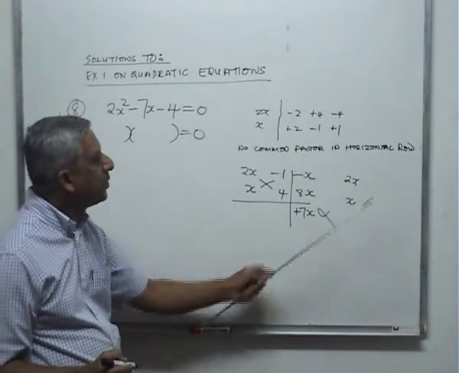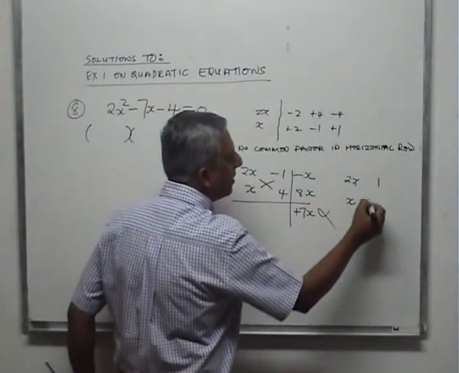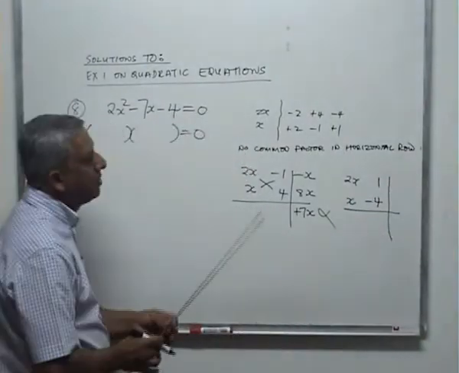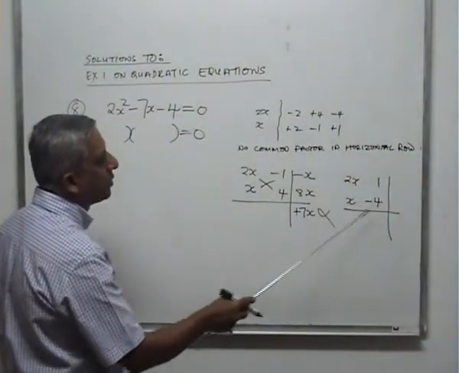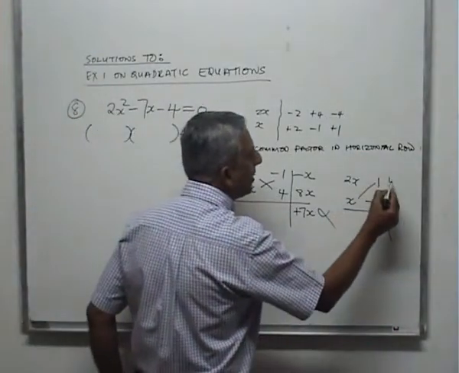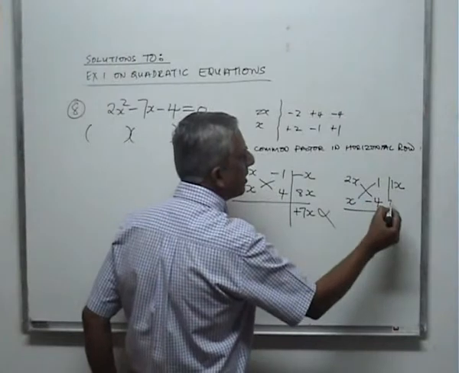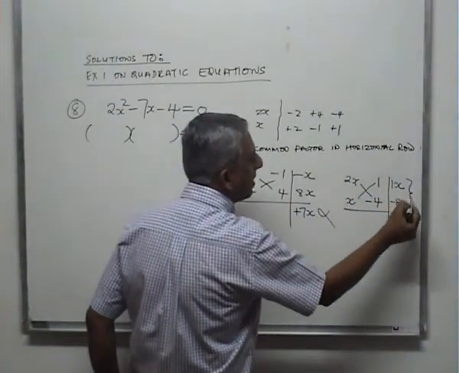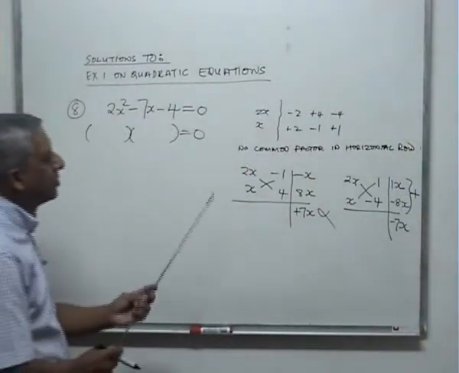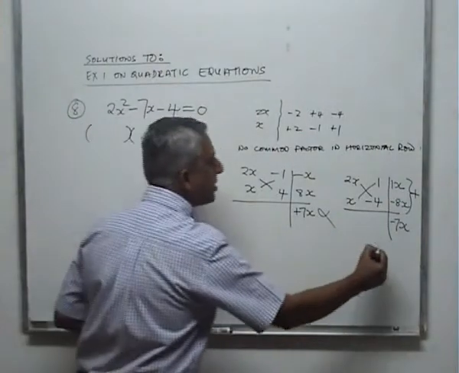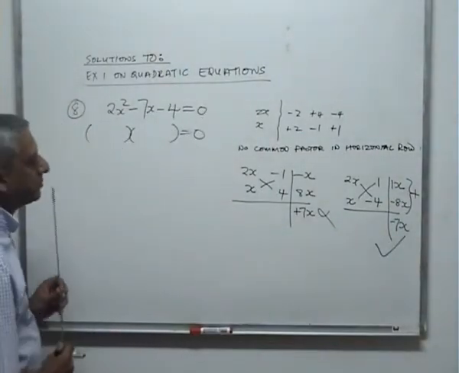So I will write 1, and I'll write my minus 4 down. So you don't have any common factors in that row. And now if I try it, that will give me 1x, that will give me minus 8x, that will give me minus 7x when I add them up. So you see, minus 7x, and I'm looking for minus 7x, so this is the right one.